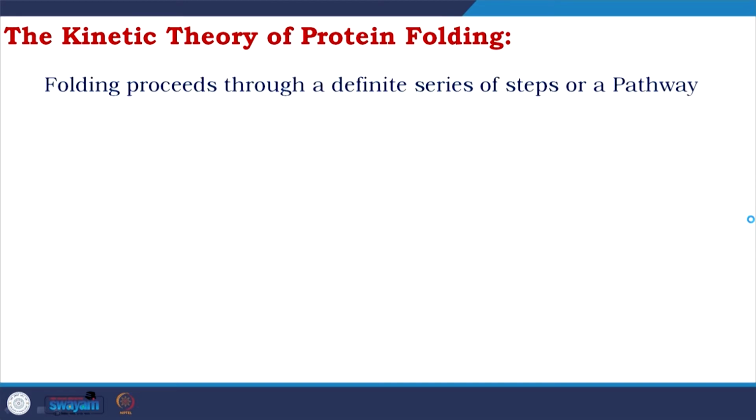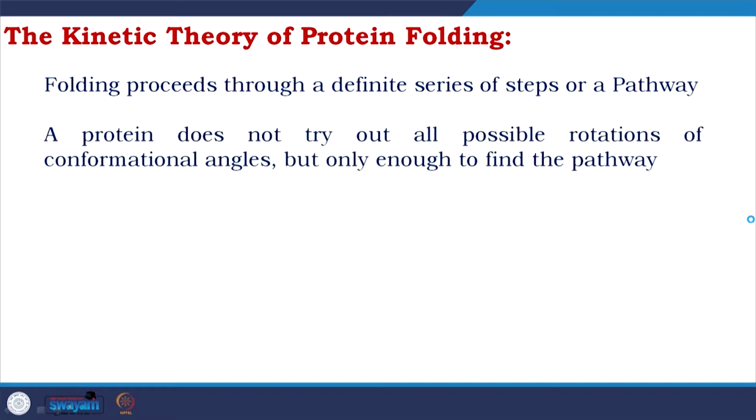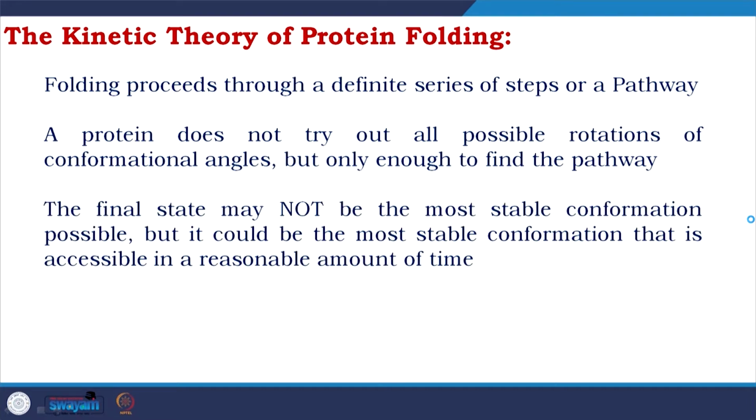So, coming to the kinetic theory of protein folding, folding proceeds through a definite series of steps or a pathway. A protein does not try out all possible rotations of conformational angles, but only enough to find the pathway. The final state may not be the most stable conformation possible, but it could be the most stable conformation that is accessible in a reasonable amount of time.